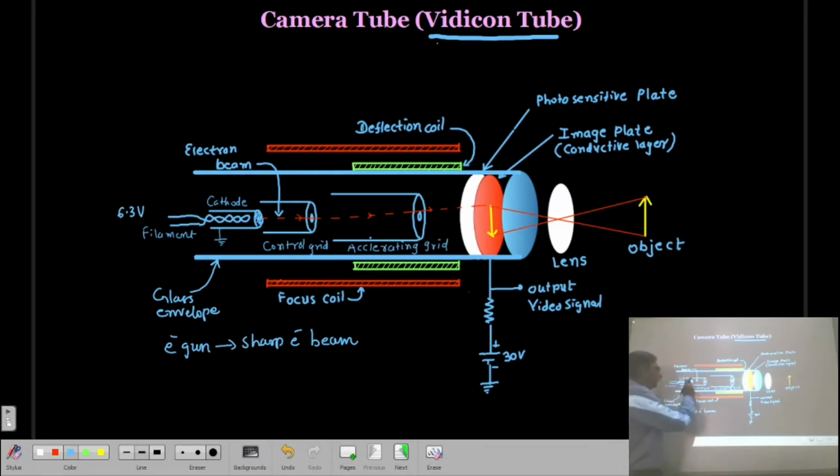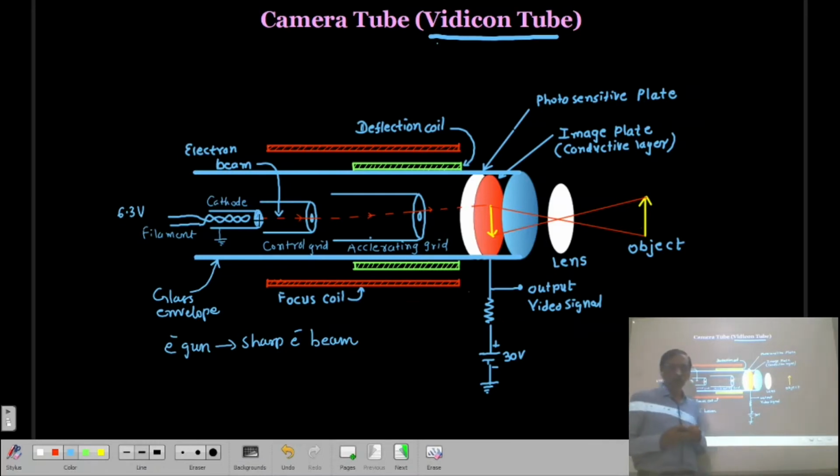This cathode is coated with some material like barium oxide or strontium oxide. Remember, this cathode is coated with some oxide material.